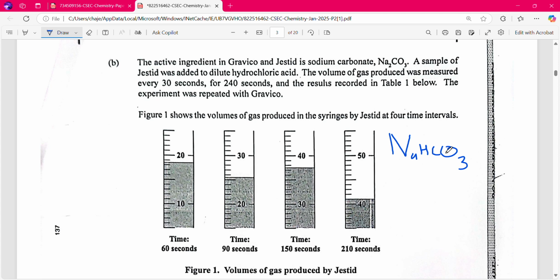So just in case you hear about this, sodium bicarbonate or sodium hydrogen carbonate. This is the chemical compound that's in baking soda. Another question I have, what's the charge of carbonate? It is 2 minus, yes.